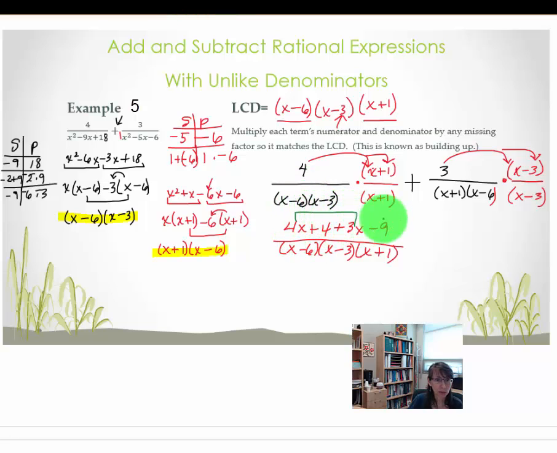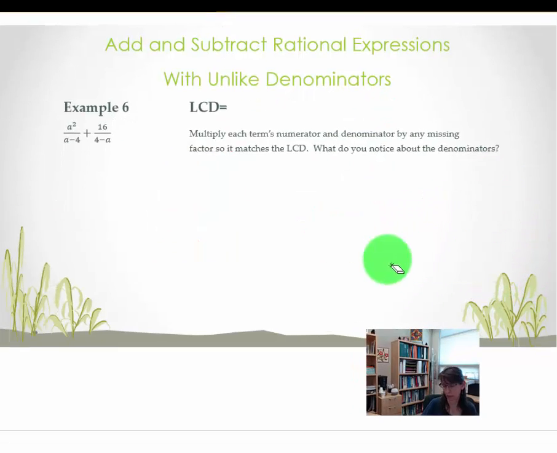I've got 4x plus 3x, that would be 7x. 4 take away 9, that would be minus 5. And our denominator is x minus 6 times x minus 3 times quantity x plus 1. Since 7x minus 5 doesn't have any common factor, this would be our final answer.